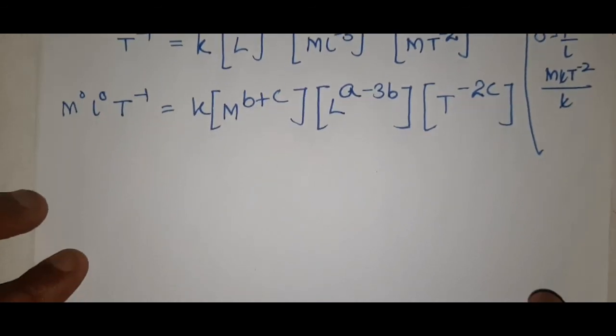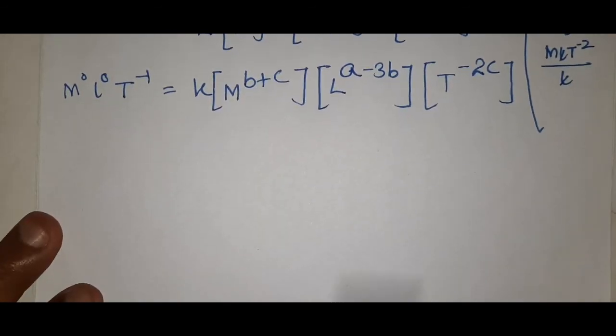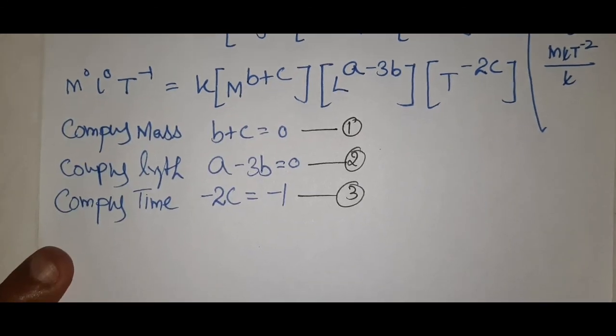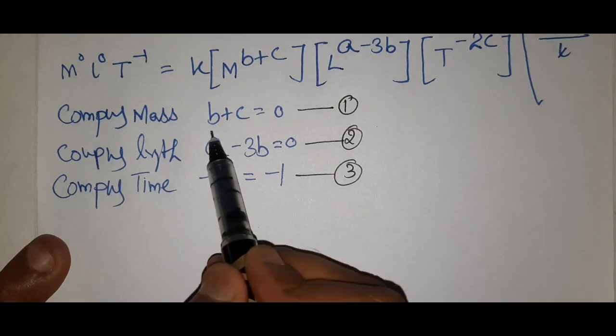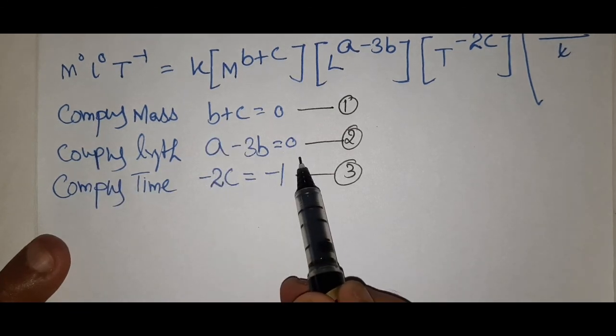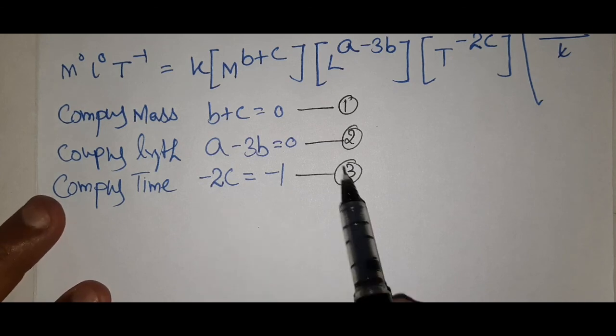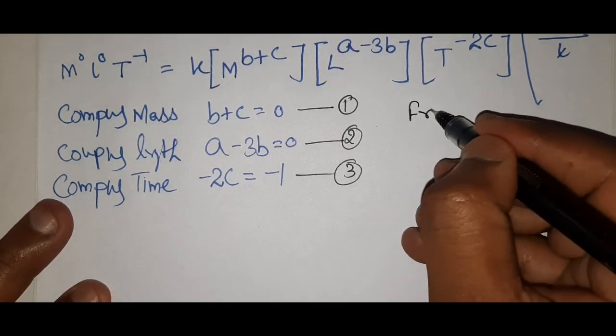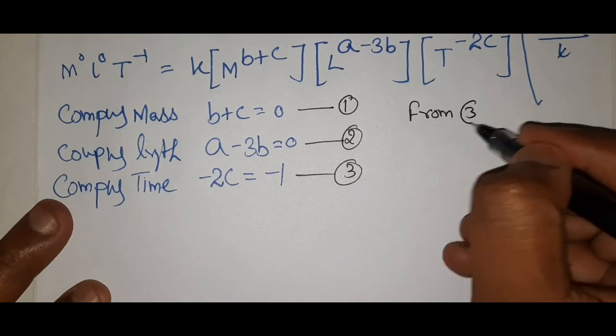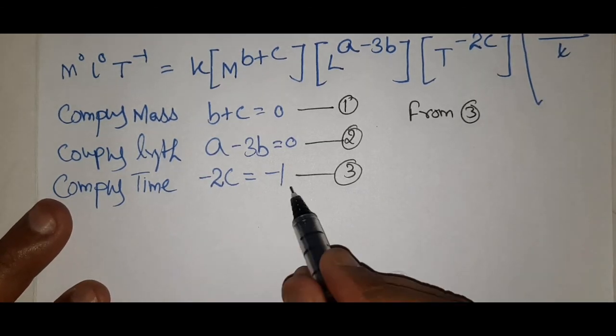Comparing mass, length and time, we are getting b plus c equal to 0, a minus 3b equal to 0, minus 2c equal to minus 1 from the third. So c is equal to 1 by 2.